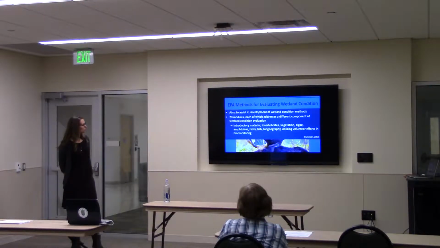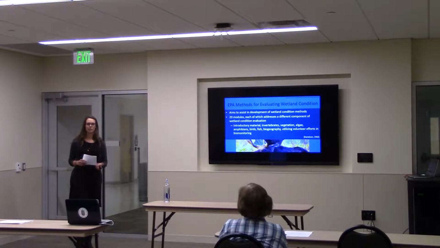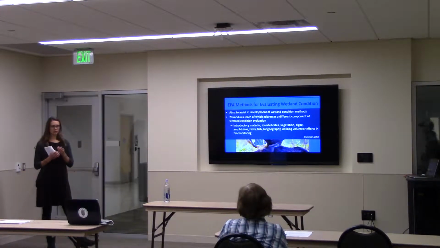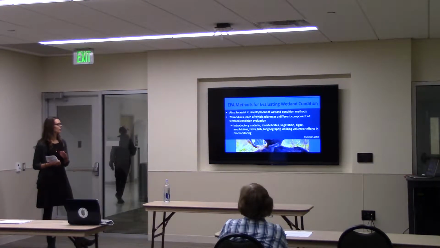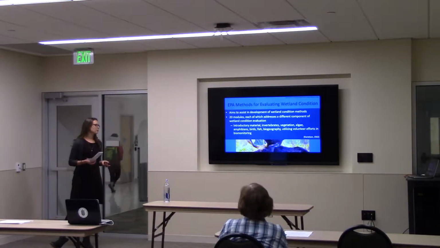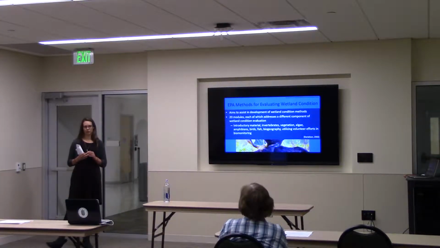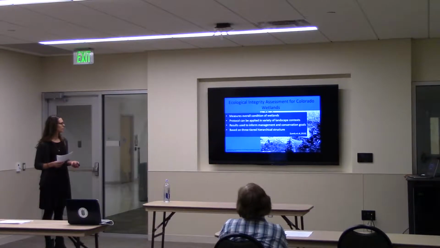There are 20 modules within this series, and each of them addresses a different component of wetland condition assessment, beginning at just the general idea of how to create a protocol, and then moving on into specific metrics such as invertebrates, birds, fish, and then they also touch on different topics such as utilizing volunteer efforts in biomonitoring and just anything you could think of that might come up in a monitoring protocol. They have a module for that. And then I'm going to go into the volunteer efforts in biomonitoring a little bit further later.